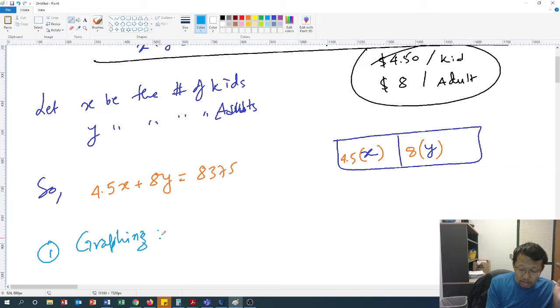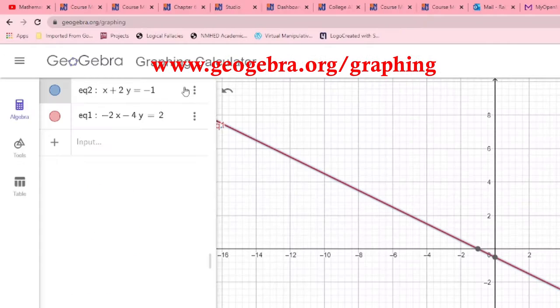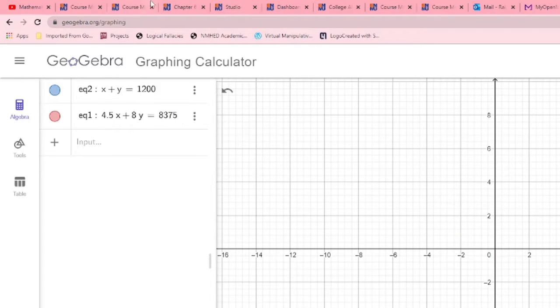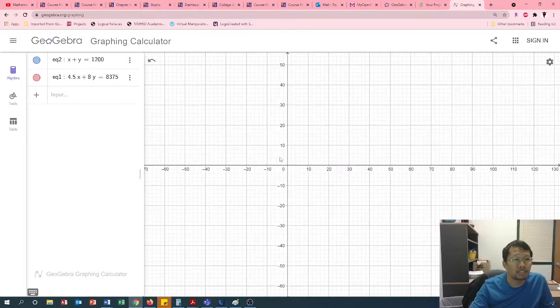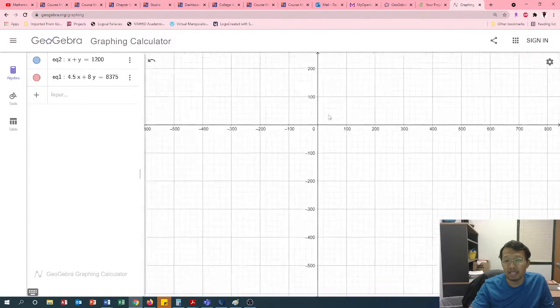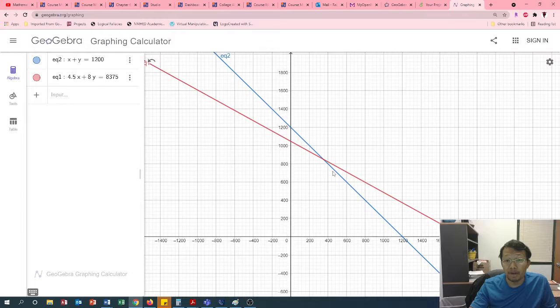You just need to write down the equations. The first equation is X plus Y equals 1,200, and the second is 4.5x plus 8 times Y equals 8,375. Since these are very large numbers, you should expect the lines to be far away from the origin.